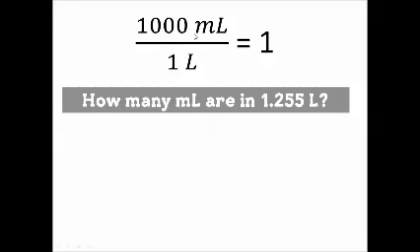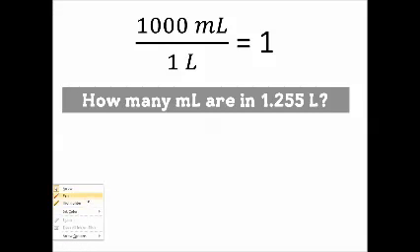Since these are the same thing, just like if I were to divide the number 3 by the number 3, or the number 6 by the number 6, since 1,000 milliliters and 1 liter are the same thing, I can get the number 1 when I divide them. That's why I can multiply any number by this and get the same value afterwards. For instance, let's look at this sample problem here.